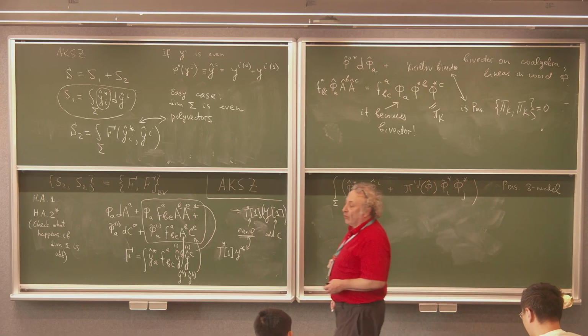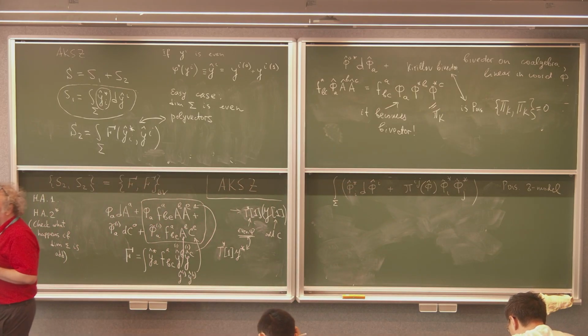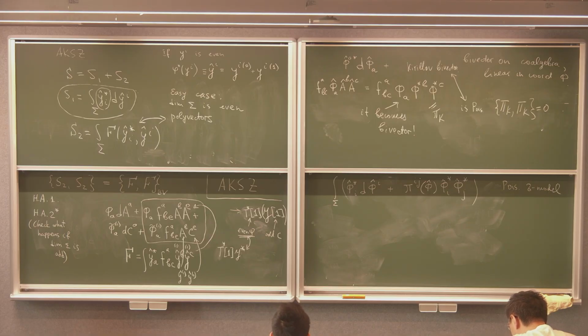But what is it good for? The goal is not just to find different models, but to use them somehow. And then Maxim Kontsevich found how to use the Poissonian sigma model.